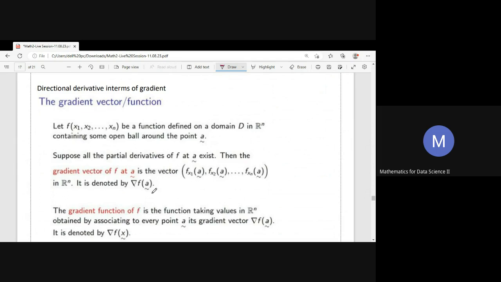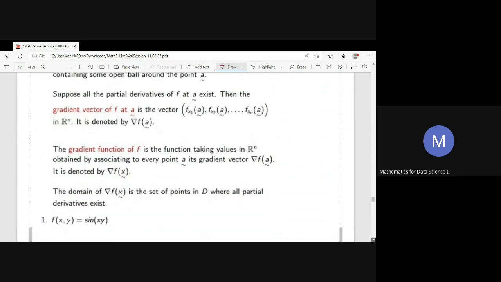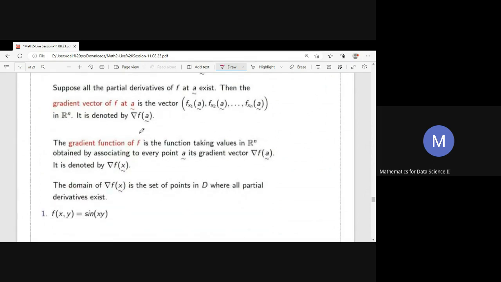This is called del f of a tilde. If you are evaluating at a specific point, it is a tilde; for arbitrary x1, x2, ..., xn, it is del f of x tilde. This is the gradient vector, and it is the gradient function.